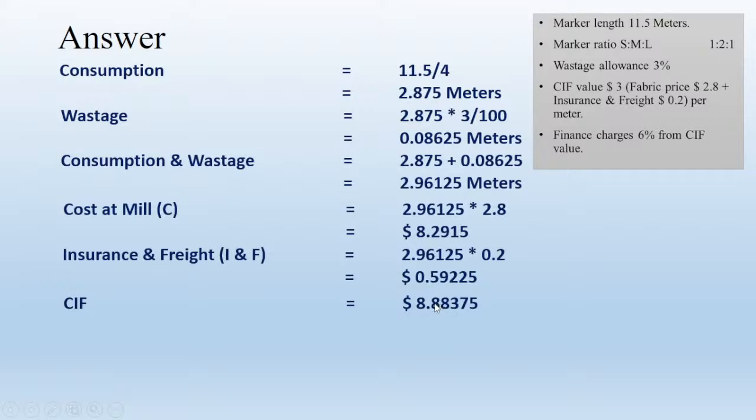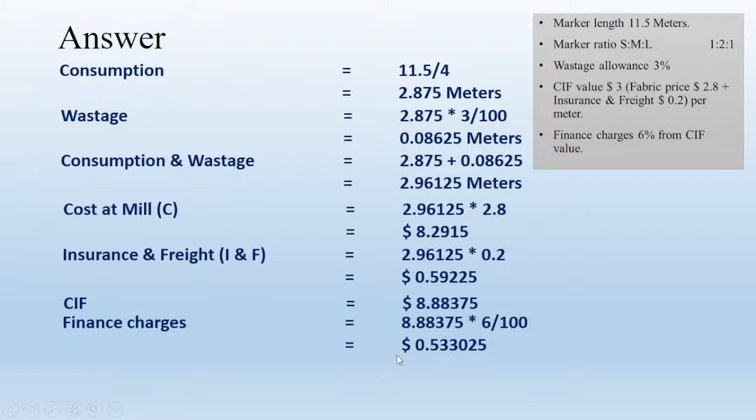That is our fabric cost until this point, but there is more. The bank will charge finance charges based on this CIF, which is 6%. So what is 6% of 8.88375? It is 0.533025. This also we have to pay as fabric cost.